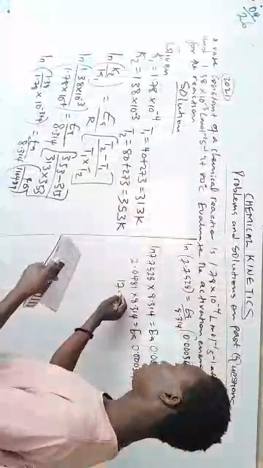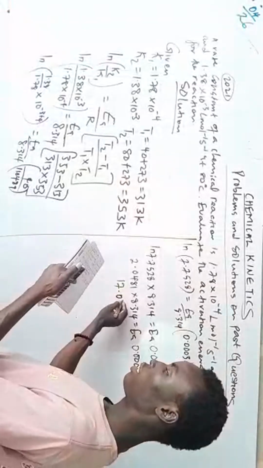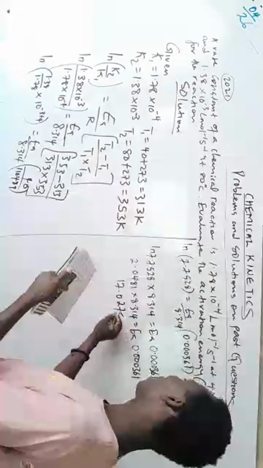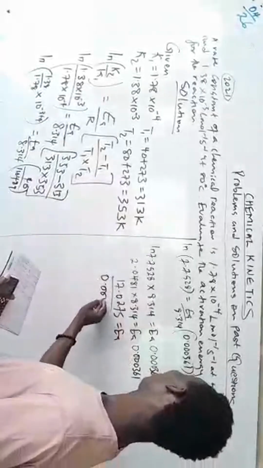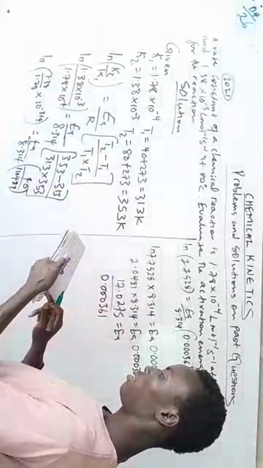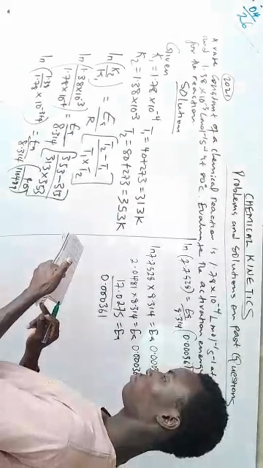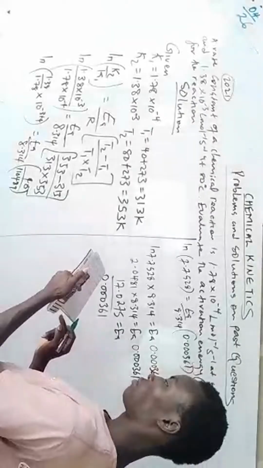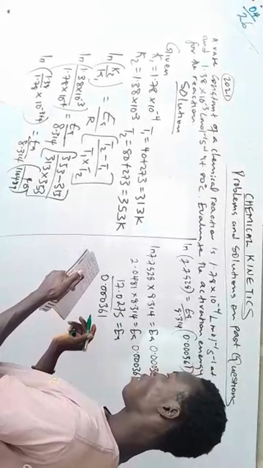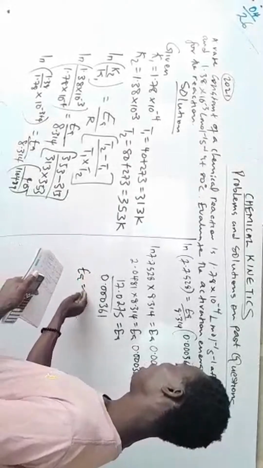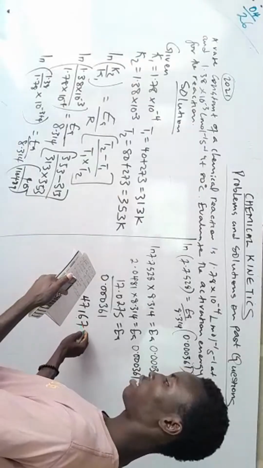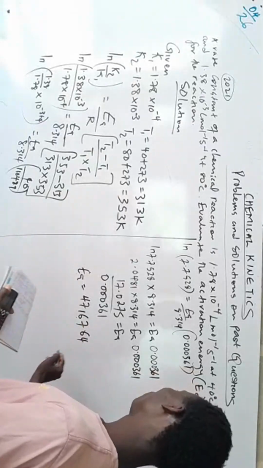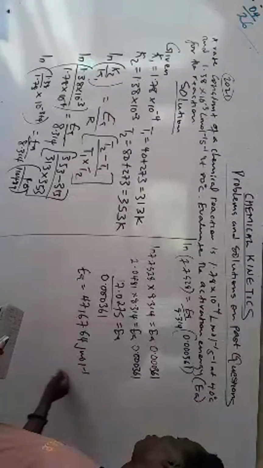This will eventually give you 17.0275 equals EA divided by 0.000361. And eventually we are going to have EA equals 47167.64. Now, activation energy is expected to be in joule per mole.